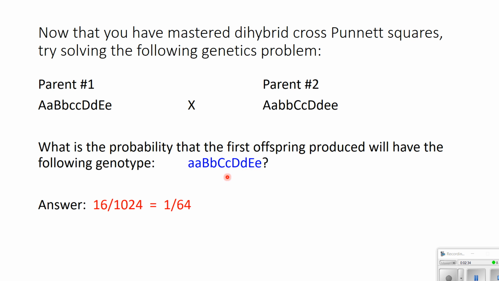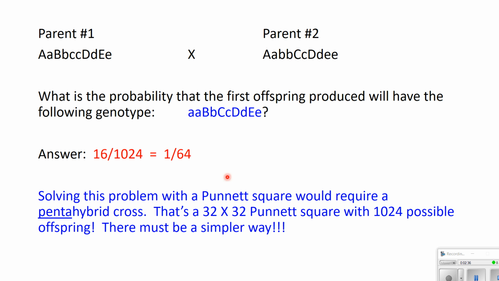Now, how do you solve that? Well, you could do a pentahybrid cross, an enormous Punnett square, but just so you know, a pentahybrid cross would be 32 possible eggs down the side and 32 possible sperm across the top. It would be 1,024 boxes to fill in.